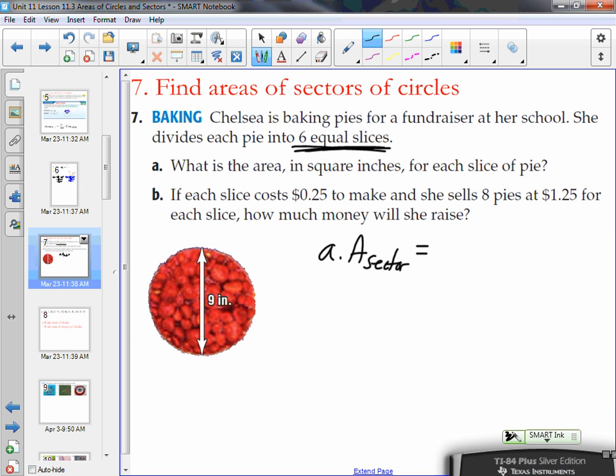So I get to deviate from the formula. Instead of m over 360, it's 1/6 of the circle. So the area of that slice is 1/6 of the area of the circle. So 1/6 times pi r squared. Now, if the diameter is 9, what's the radius?